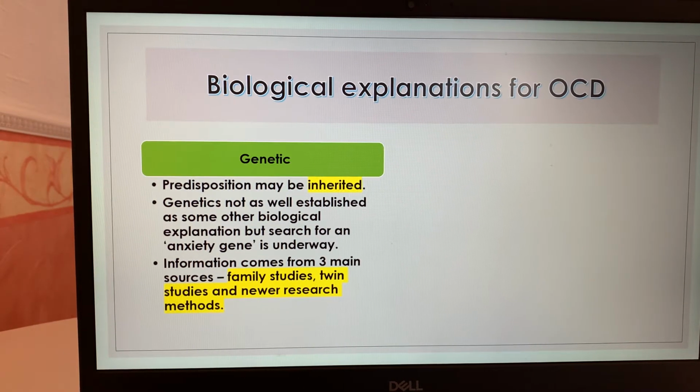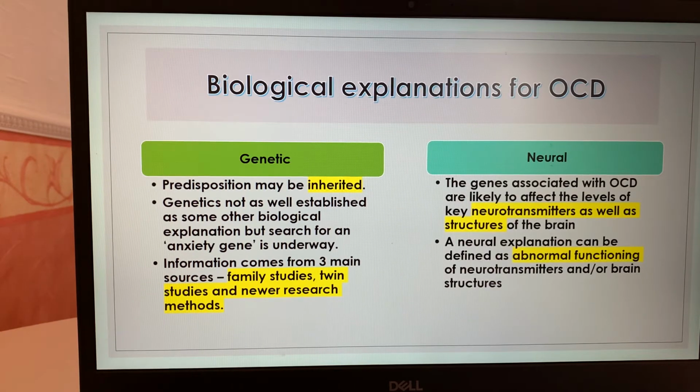But fundamentally, most mental disorders have a genetic background. They have a genetic vulnerability. So information for a genetic explanation comes from 3 sources. So we look at family studies, we look at twin studies, and a variety of different new research methods. Okay, so that's your genetic element.